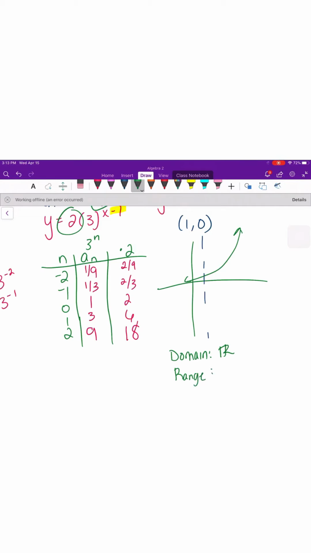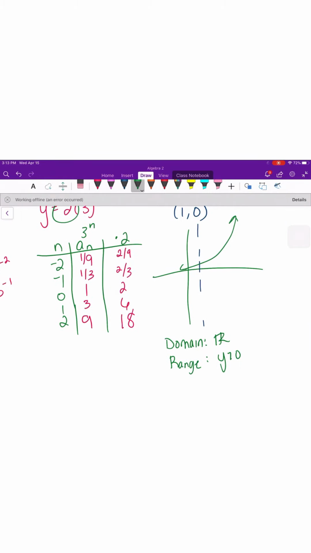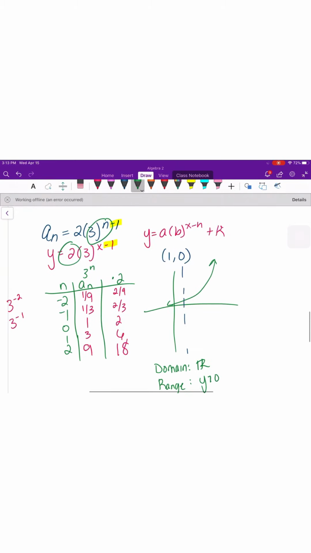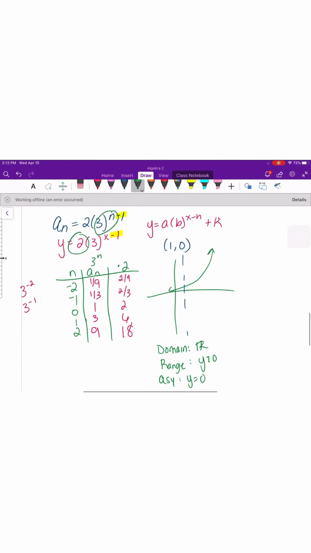You can see from my picture, all of my y values are above 0, so my range is greater than or equal to 0. And remember that the asymptote line is at y equals 0. Hopefully that helps you with graphing those bottom examples on worksheet 10.1c. That gives you a little bit of an idea for that.